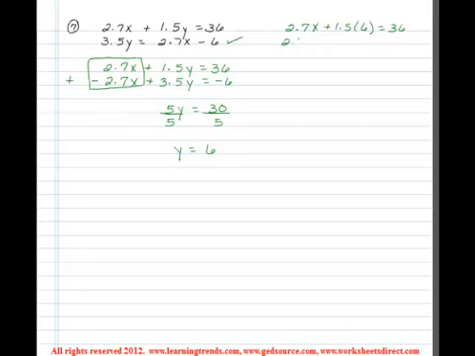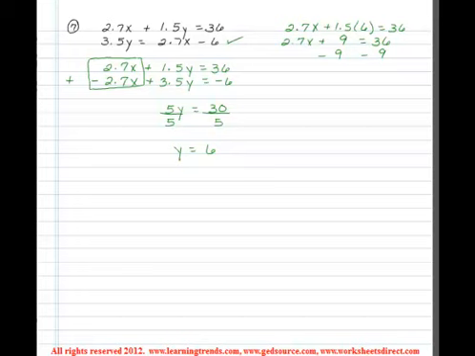So we've got 2.7x plus, and if we take 1.5 times 6, we get 9. And that equals 36. Subtract 9 from each side, and 36 minus 9 gives us 27.